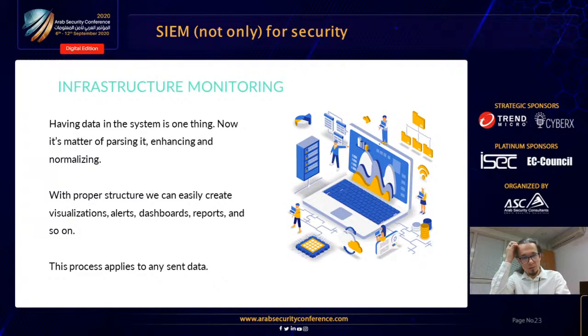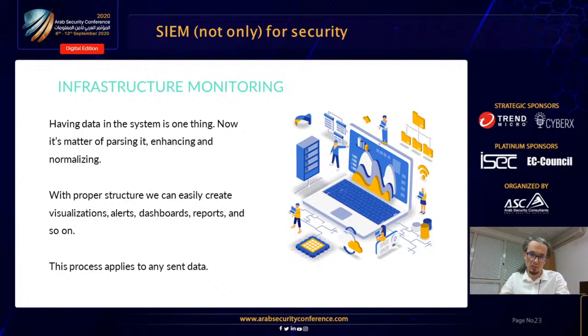With the proper structure, we can easily create visualizations, alerts, dashboards, and so on. Because the data is normalized, we know what we have, we know what it looks like, and we are able to work on it.